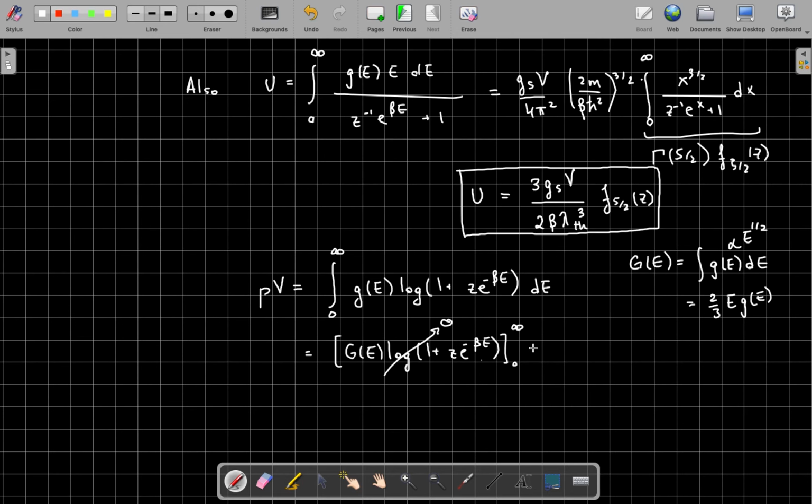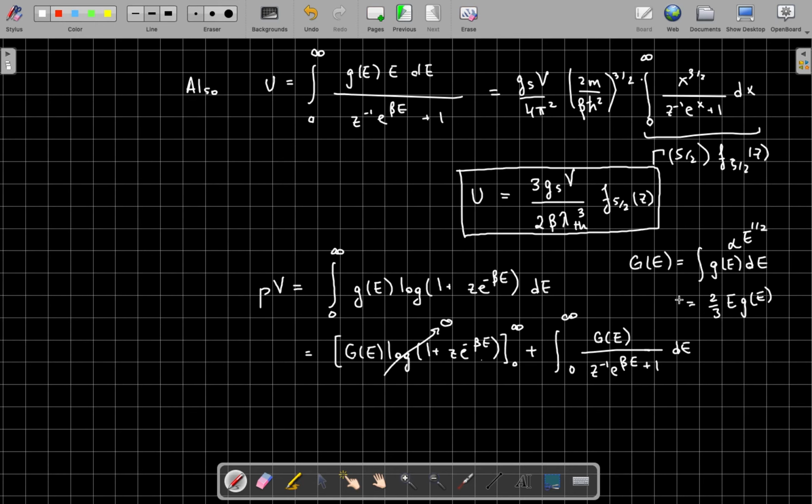So it all hinges on this next integral, which is from 0 to infinity of GE divided by Z to the minus 1 e to the beta E plus 1 dE, after some very simple algebra.